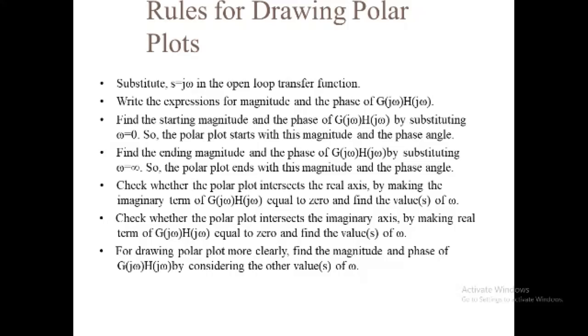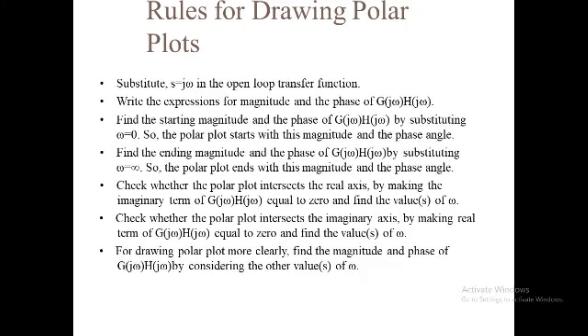Now the step is towards finding the ending magnitude and phase of G(jω)H(jω) by substituting the value of ω equals infinity, so that the polar plot ends with this magnitude and phase angle.